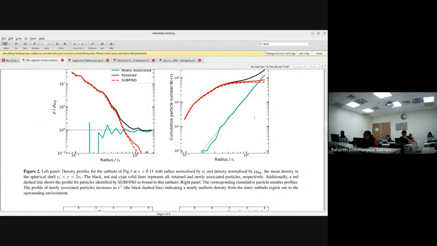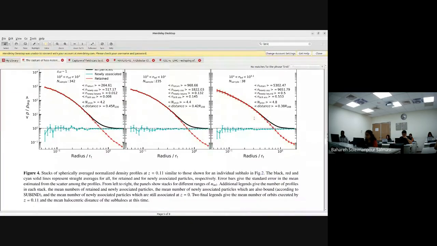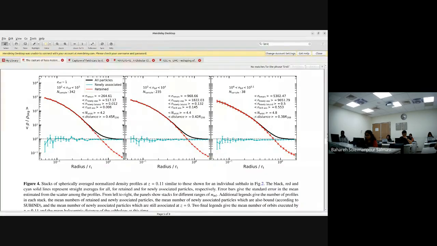Figure 2 is just a simple single case, so I think it's easier to watch figure 4. They stack all these subhalos in their simulation, and the infall redshift for this figure is 1. The density is divided by the background density, and the radius is divided by the tidal radius.